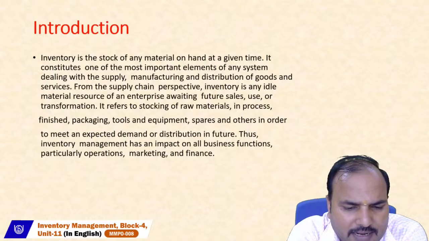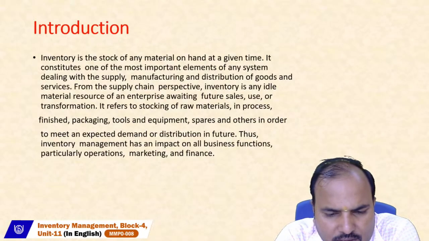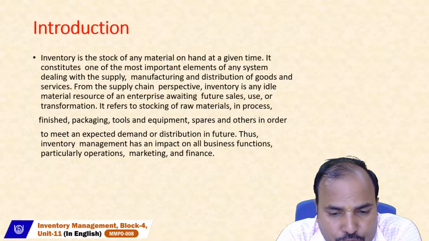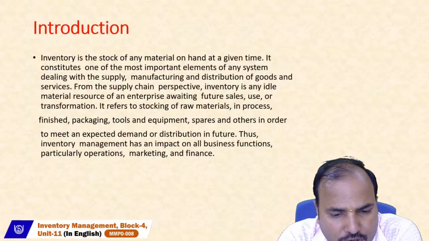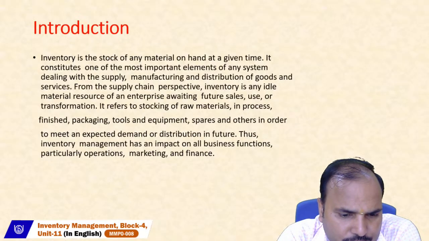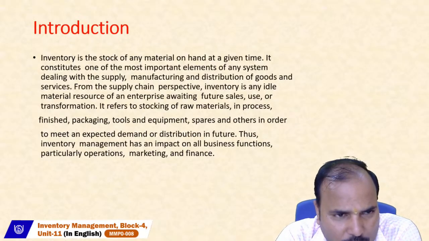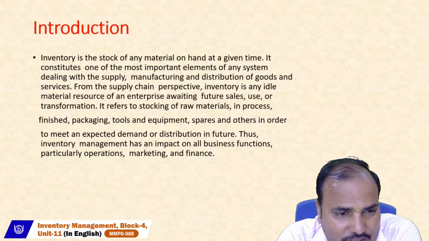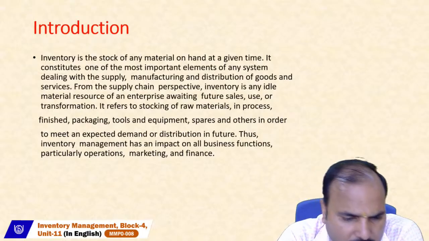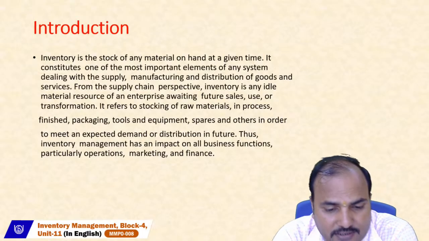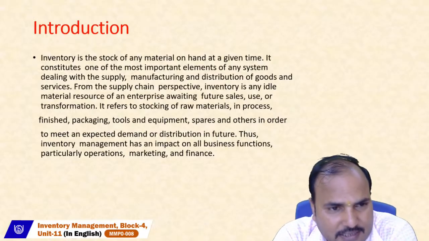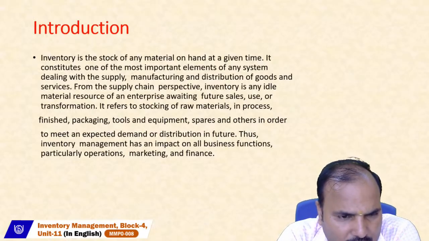And inventory management is the system that companies use to store, source, and sell inventory, for both raw materials and finished goods. The different components of inventory management are stock tracking, ordering, warehousing, forecasting, inventory valuation, risk management, etc. These are the basic components.